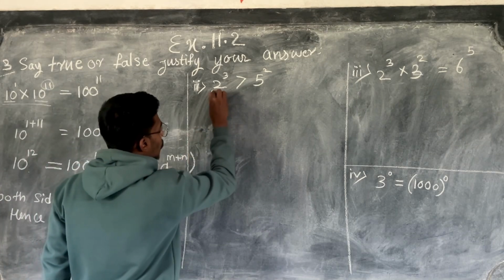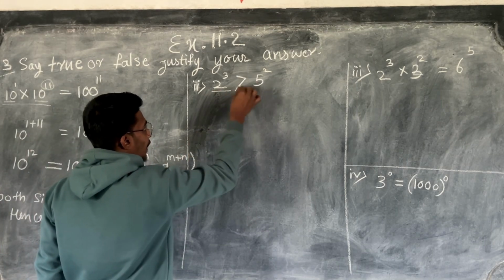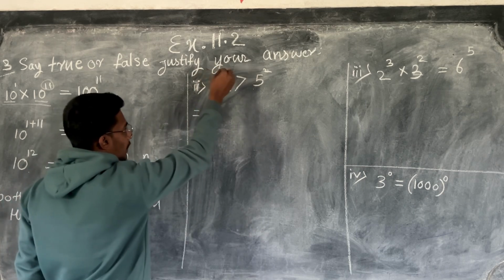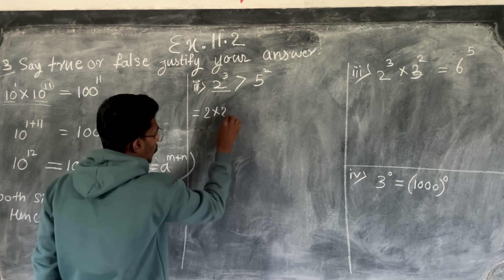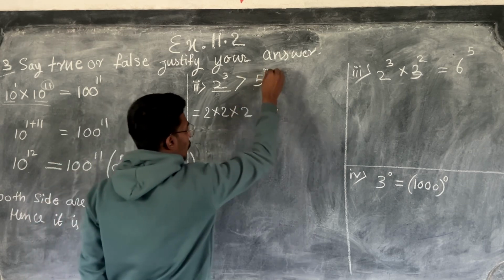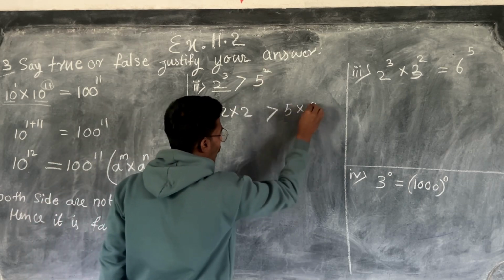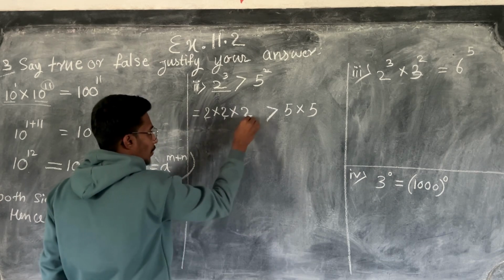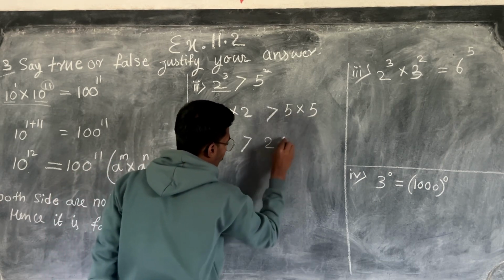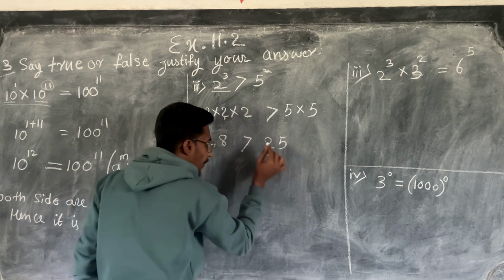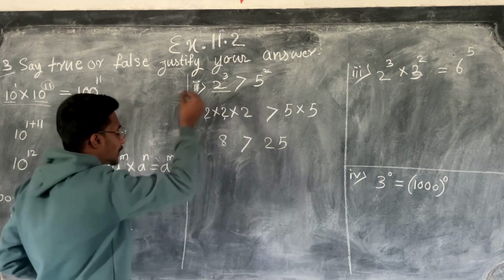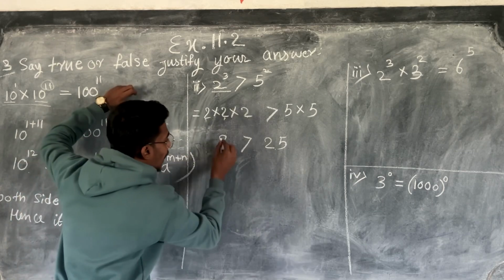You can see 2 to the power 3 is greater than 5 to the power 2. We have to justify it. 2 to the power 3 means 2 into 2 into 2, 3 times, and 5 to the power 2 means 5 into 5. 2 2s are 4, 4 2s are 8. 5 5s are 25. Between 8 and 25, which one is greater? 25 is greater. But in this question, 8 is said to be greater.